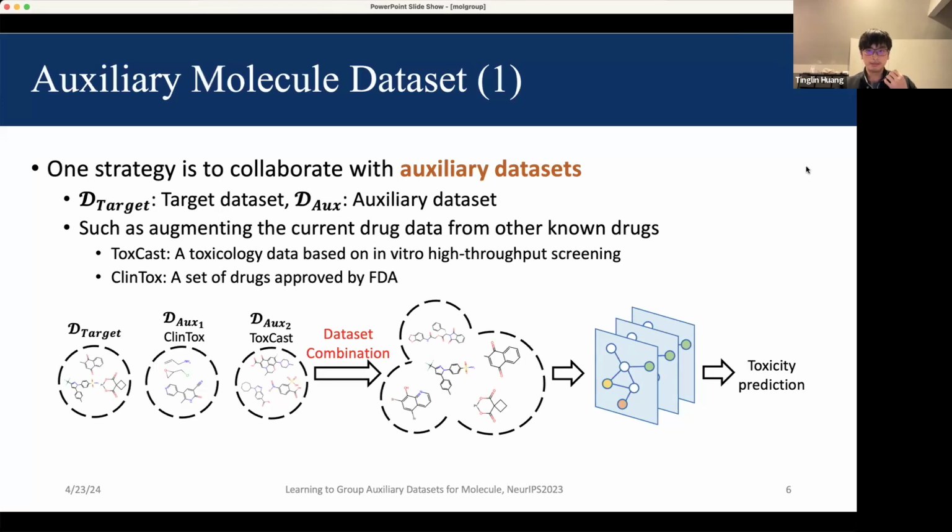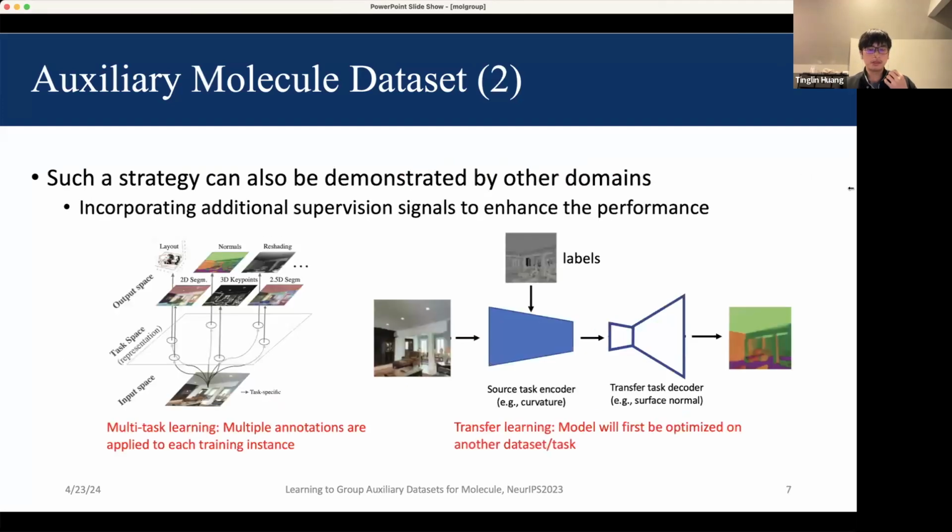Here we want to highlight that this strategy can be seen in other domains, including multitask learning and transfer learning, which also try to improve performance by incorporating additional information.